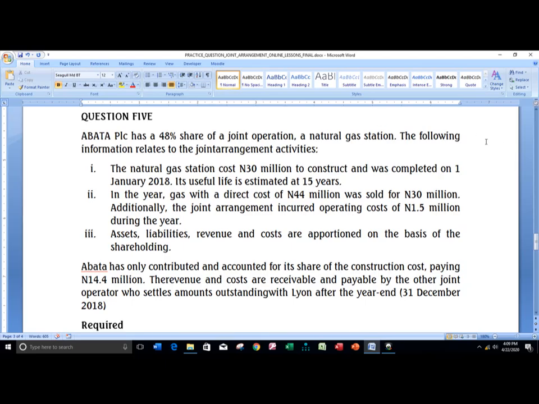So that is the vehicle. The following information relates to the joint arrangement activities. What is this information? The natural gas station cost 30 million to construct and was completed on 1st January 2018.